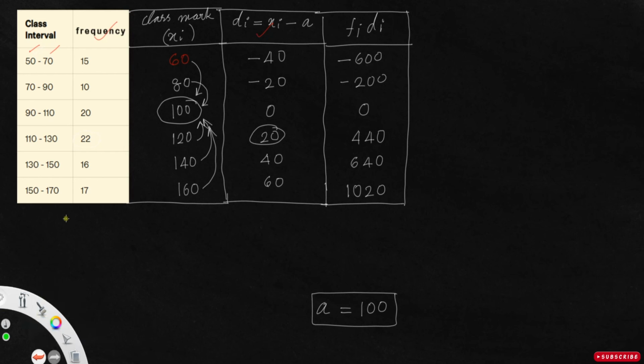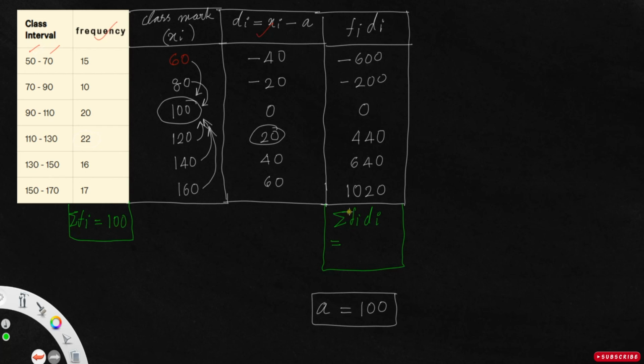Now I need to find the sum of the frequency and also the sum of this table, sigma fidi. Sigma basically means the summation. When you add this, you get 15 plus 10, 25, 25 plus 20 is 45, 45 plus 20 is 67, 67 plus 30 is 100.